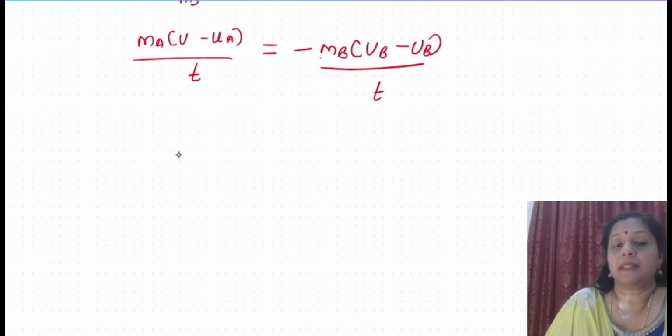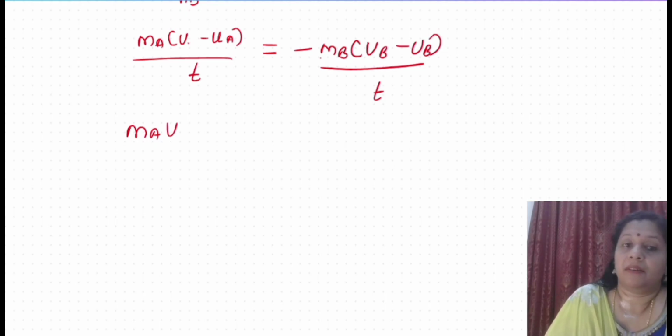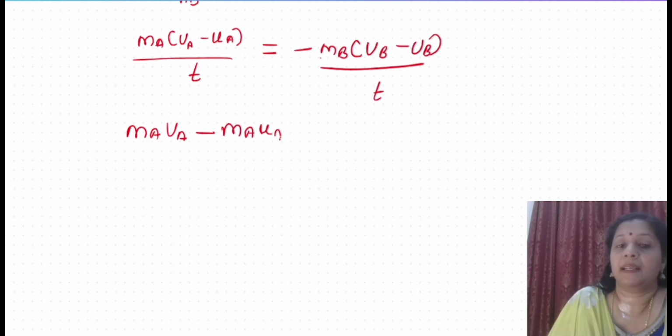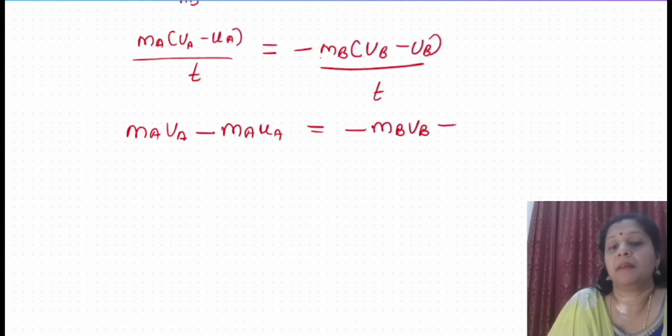Now let's solve this. If you simplify this, we will finally get MA into (VA minus UA), right? So MA VA minus MA UA is equal to minus MB VB plus MB UB, because minus and minus we get plus.